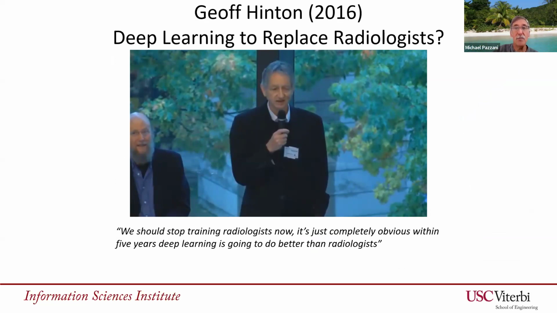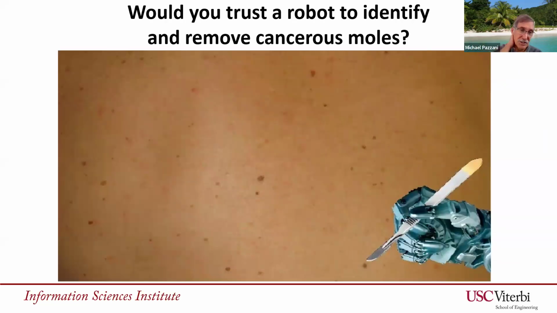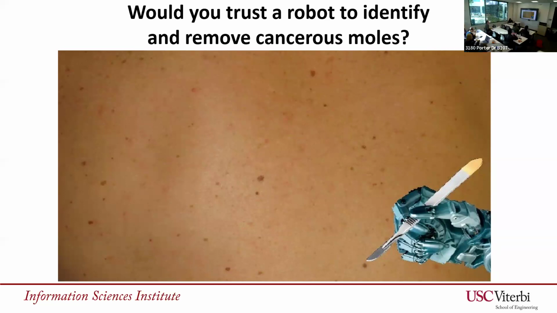But maybe we do. So let me ask a question, and I would like to get thumbs up and thumbs down from those that can do that. Would you trust a robot to scan your back, determine which of the moles are cancerous, and remove them automatically? I'm not sure if I can see the hands, but I can tell it's really hands down.